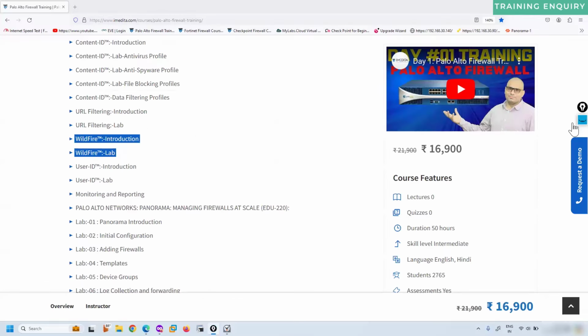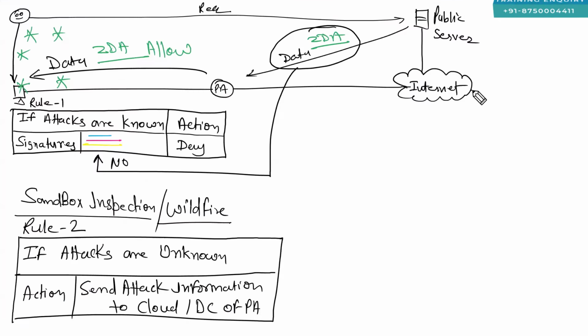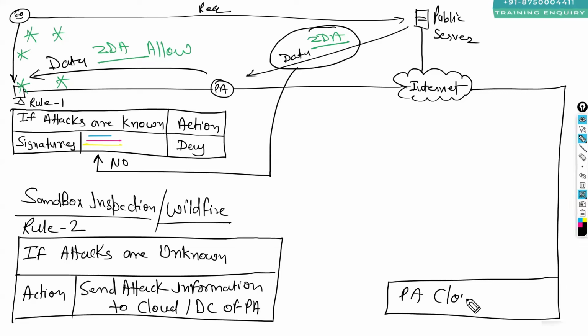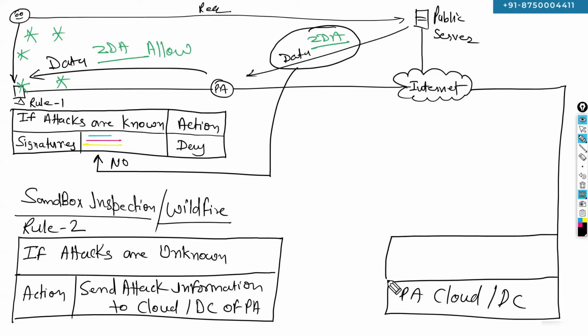Now, somewhere on the internet, Palo Alto is connected. We can assume this is the Palo Alto cloud or data center, and this firewall will send the zero-day attack file to the cloud.